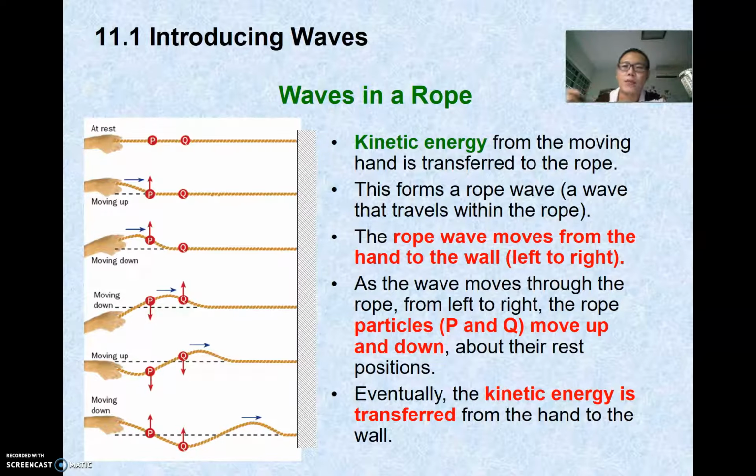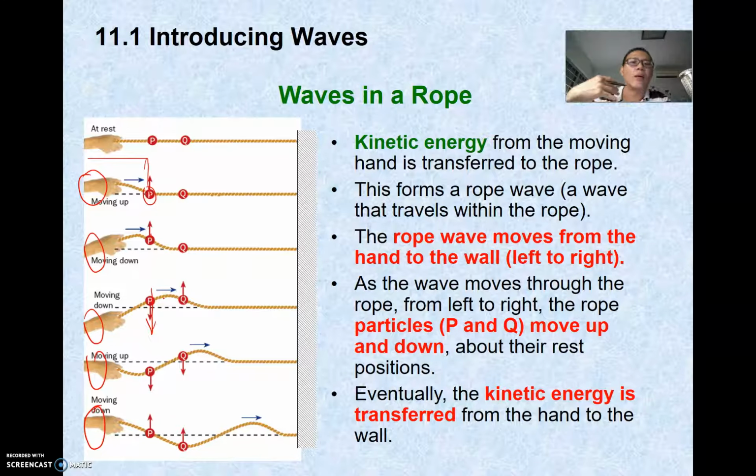If I swing the rope up and down, different segments of the rope will move together with me. While the arm is moving up and down, particle P will be moving up, then down, in the next few cycles.